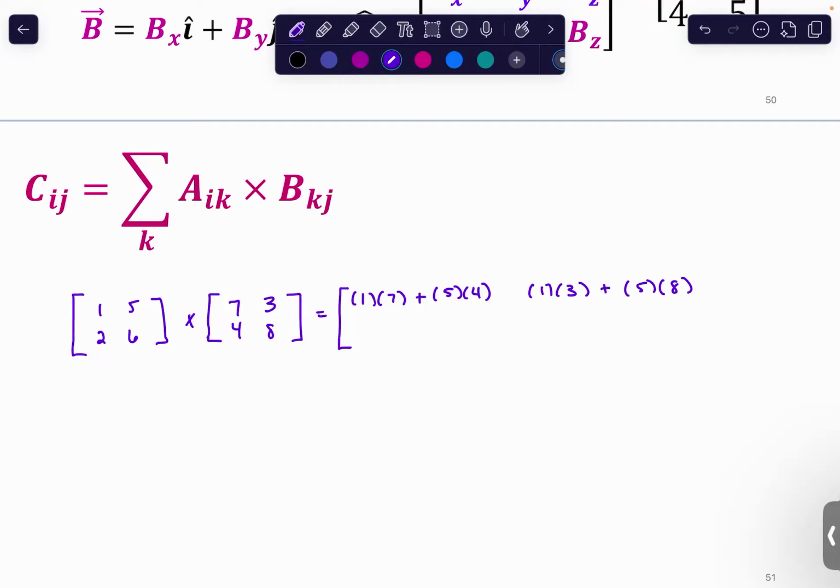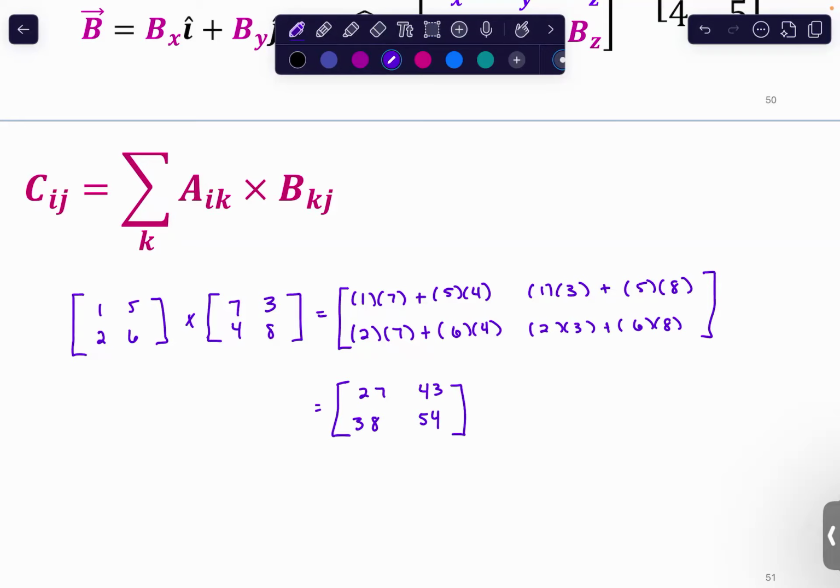The bottom left, row 2, column 1, is going to be 2 times 7 plus 6 times 4. Then row 2, column 2 is row 2 of matrix 1, column 2 of matrix 2, so 2 times 3 plus 6 times 8. What we end up with is 27, 38, 43, 54.